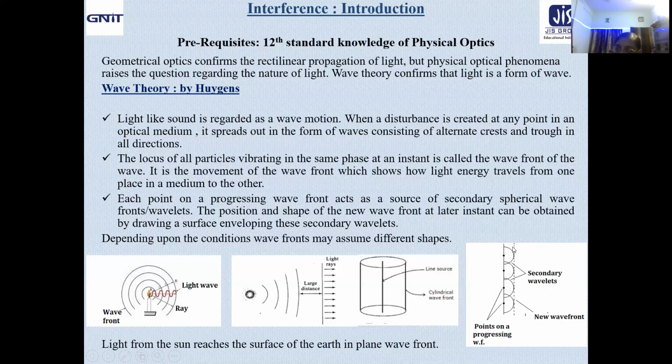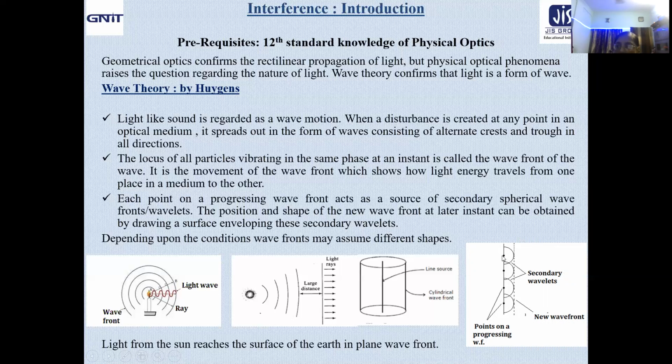Similarly, at the later instant, each and every point of this new wavefront is considered as a source of secondary wavelets. What you will get is again the secondary spherical wavelets, and then you just envelope them with a surface, and you will get the position of the next wavefront.